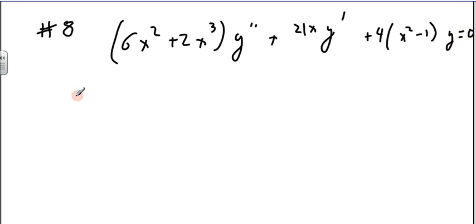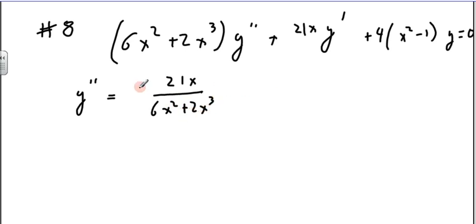So I rewrite that: y double prime plus 21x over 6x squared plus 2x cubed y prime plus 4x squared minus 1 divided by 6x squared plus 2x cubed y is equal to 0.